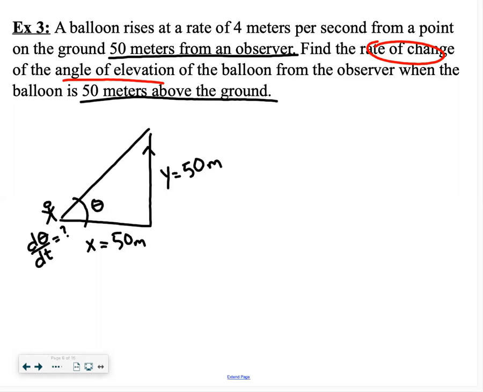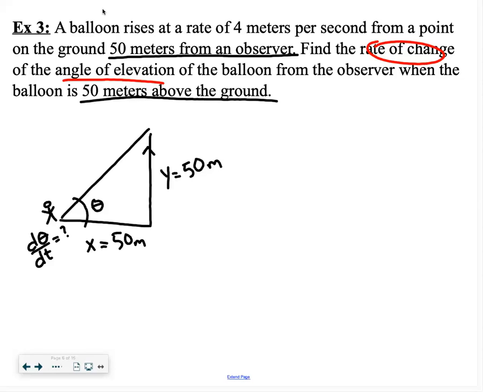If you think back to our slide last class period with those common equations, we talked about area of a circle, Pythagorean theorem, and also SOHCAHTOA: sine, cosine, tangent. As you're looking at this, you have a y, you have an x, and you want to work backwards to get this rate of change of angle.